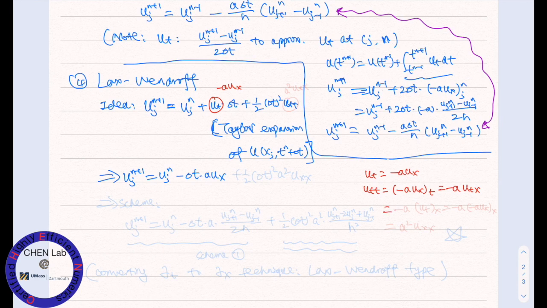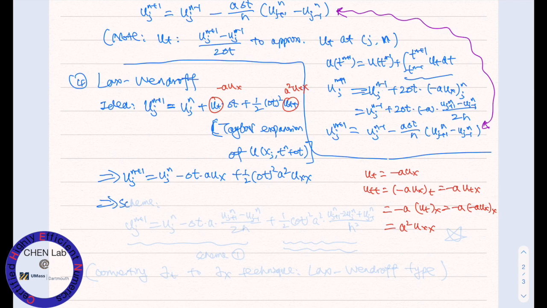So this is negative a times (ut) the whole thing, then x. But we know ut is negative a ux, so this becomes a squared uxx. So utt is actually a squared uxx. So this is 1 plus 1/2 delta t squared a squared uxx.